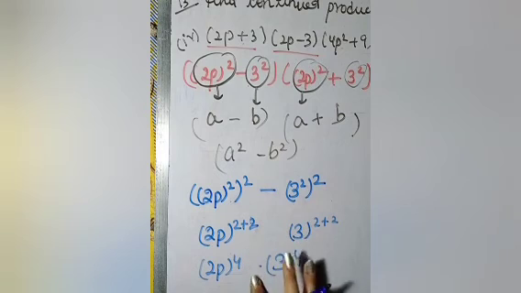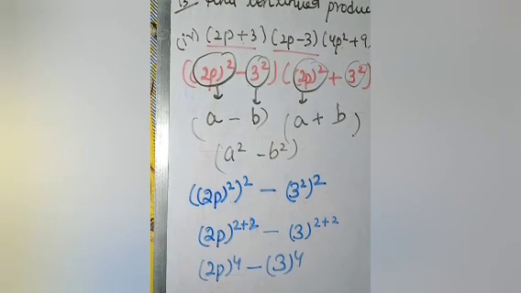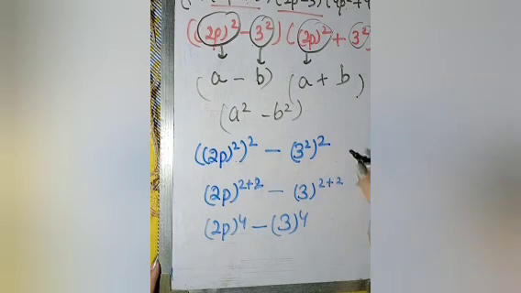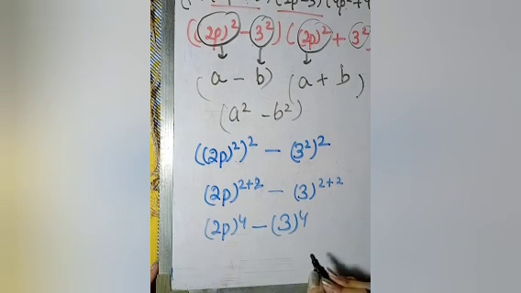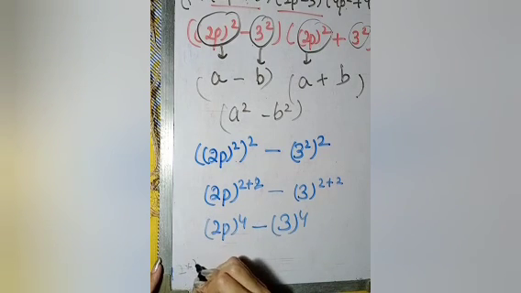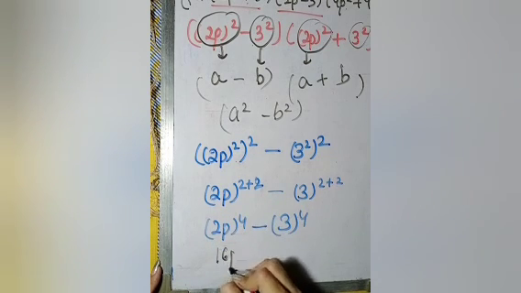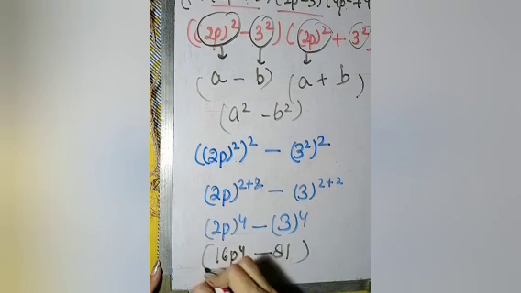Sorry, there is a minus sign here. Now solve it further. 2p, when you multiply 2 four times, 2 2s are 4, 4 2s are 8, 8 2s are 16. 2 into 2 into 2 into 2. 2 2s are 4, 4 4s are 16. 16p to the power 4 minus 81. This is the answer.